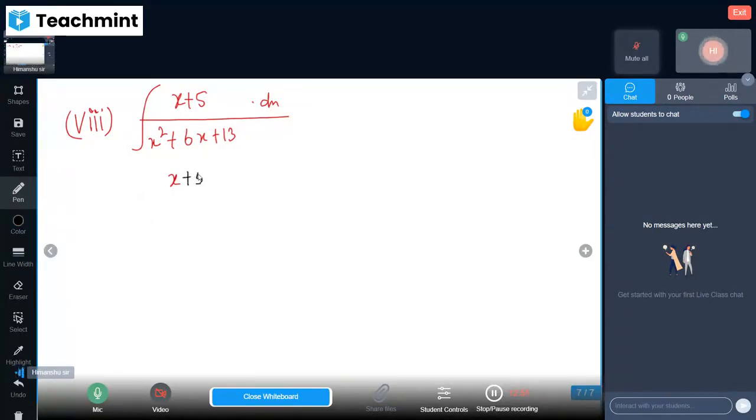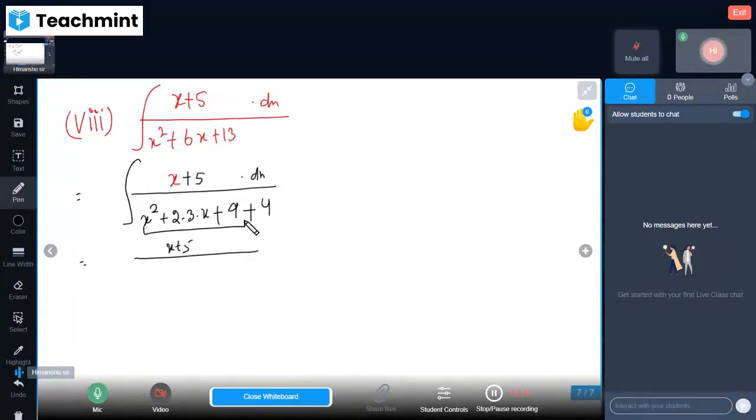x plus 5 divided by x square plus 2 into 3 into x, since 6x can be split into 2 into 3 into x. So b square must be 3 square, 9, plus remaining is 4. Understood? Now x plus 5, so this much is (x plus 3) square plus 2 square.